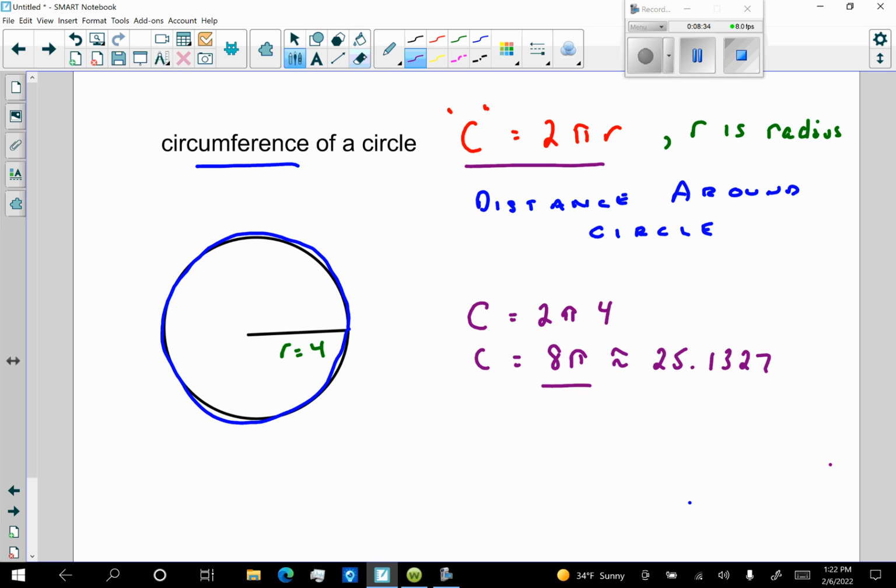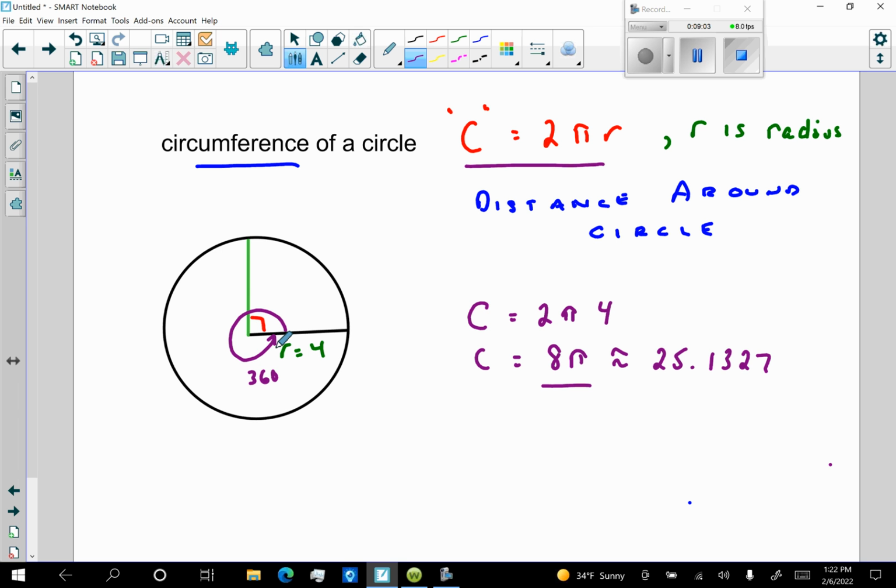So the question then is, how about if I look at part of that circle, what is going to be the length of an arc? So I'm going to erase this a minute. And if I just take this arc right here, and I'm going to go straight up, where this is going to be 90 degrees. Clearly, if I go all the way around the circle, it's 360 degrees.